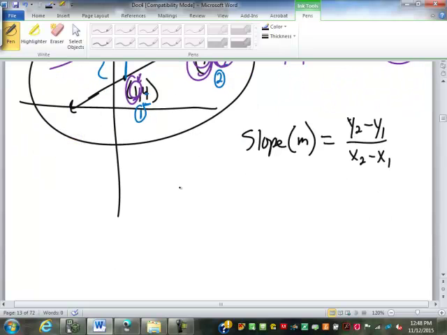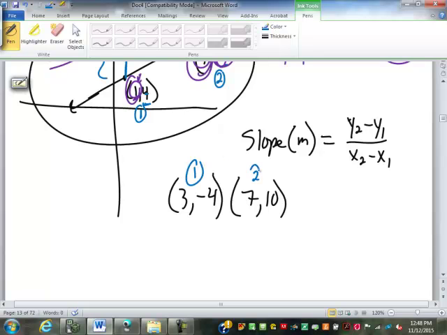So if I'm just given a point, like (3, -4), and another point like (7, 10), I can find the slope just from those points. I can label this point 1 and this point 2. So what's my rise? 10 minus what? -4.